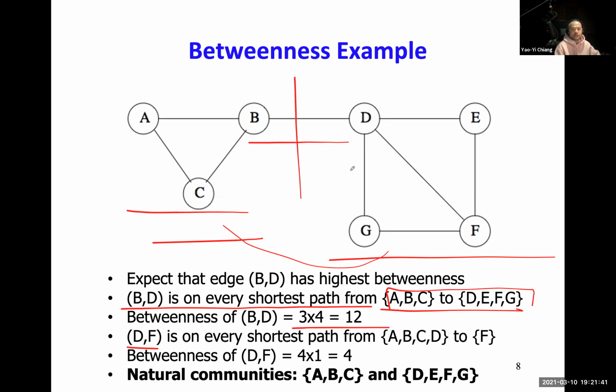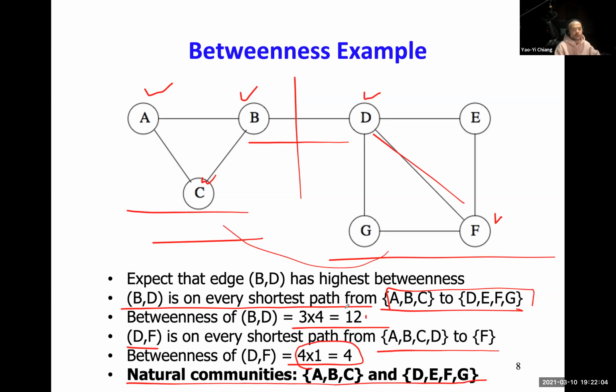The F is on every shortest path from A, B, C, D to F, right? If you want to access F, you have to use the F. The betweenness of the F will be 4 times 1, which is 4. And natural communities will be ABC and DFG.